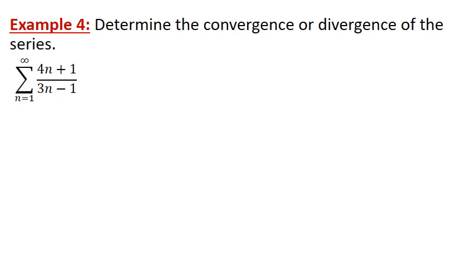I'm unable to go back here, but theorem 9.9 is the nth term test for divergence. It says that if the limit as n approaches infinity of some function does not equal 0, then the sum diverges.